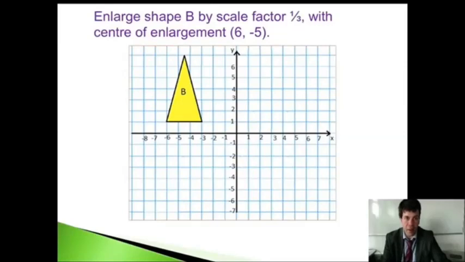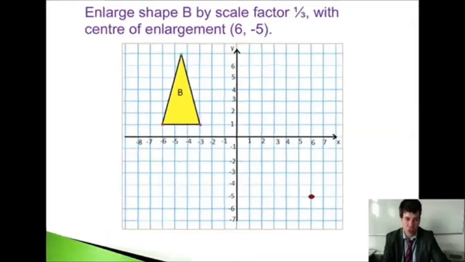Enlarge shape B, an isosceles triangle, by scale factor 1/3 with centre of enlargement (6, -5). Like before, we find the coordinate, 6 along, 5 down, and like before, we mark in our 3 vertices of object B. The green vertex, the red vertex, and the purple vertex.